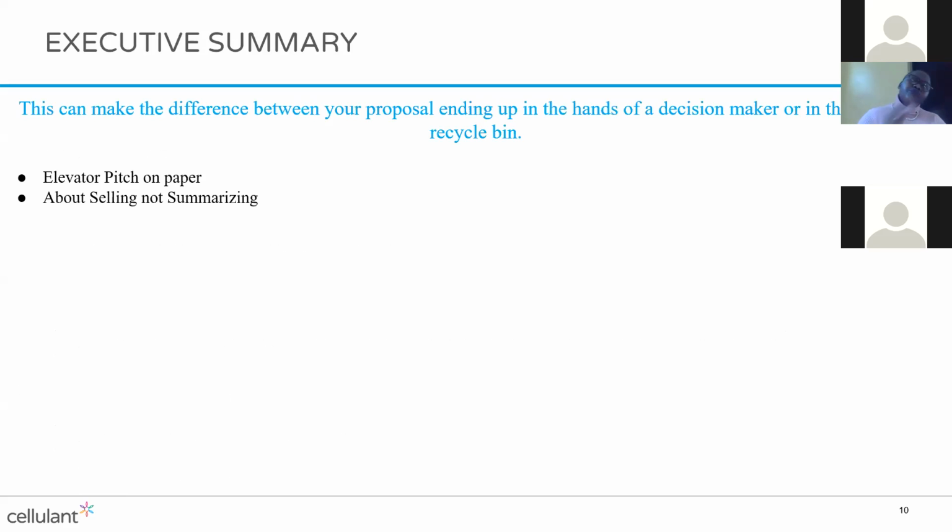And I know the name can be a little bit confusing to some, but basically an executive summary is not meant to summarize whatever it is that you have written in the proposal. Instead, it's meant to sell yourself in as little time and in as brief words as possible.